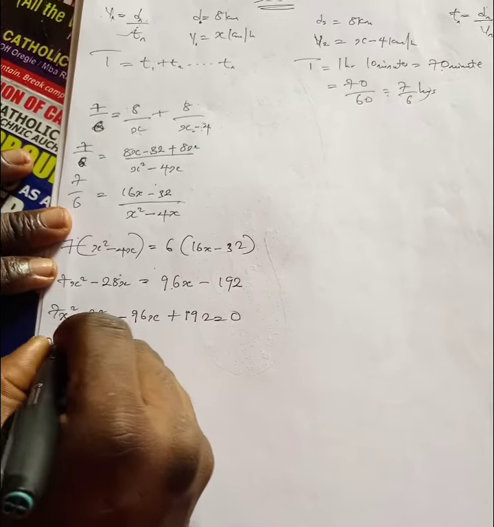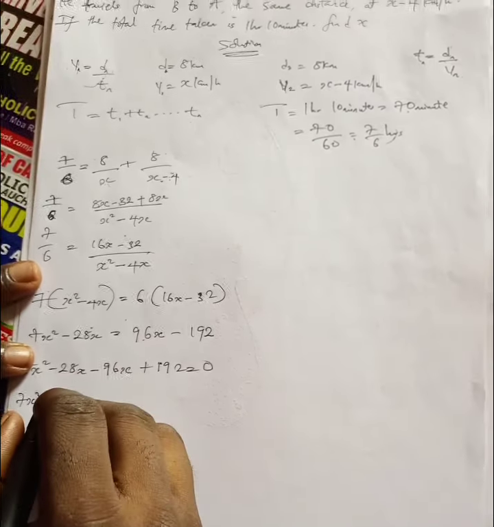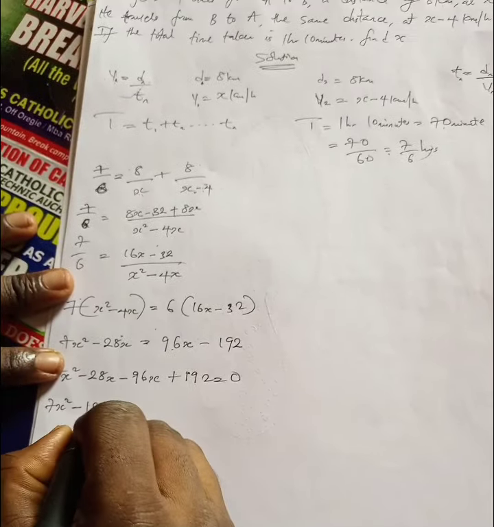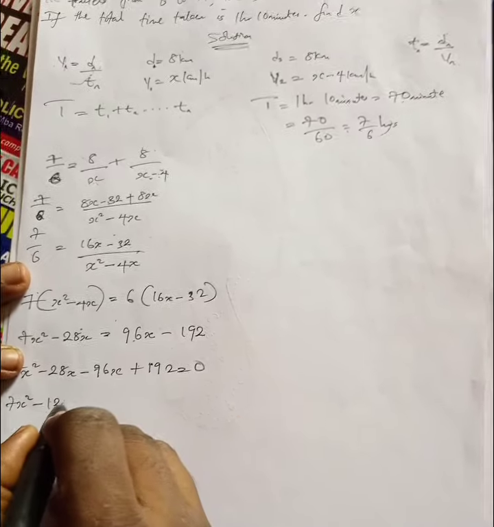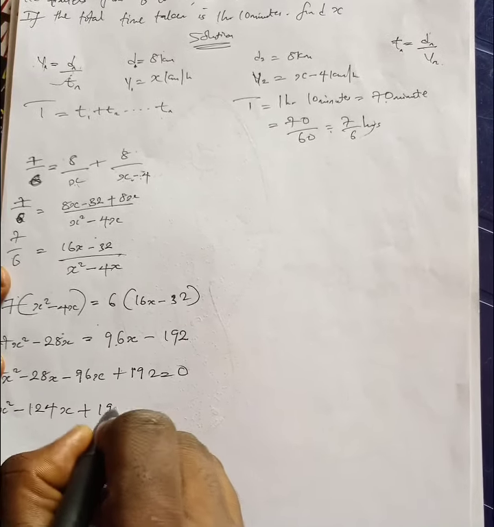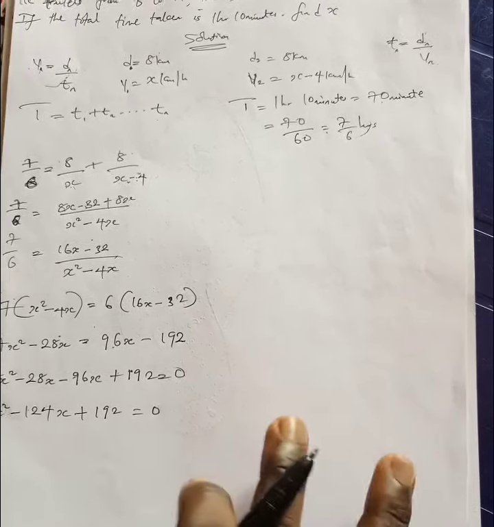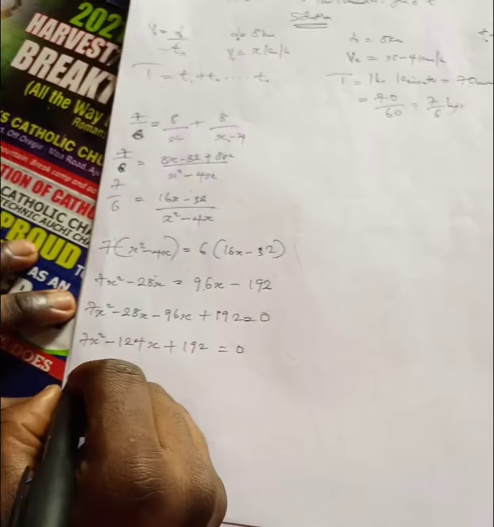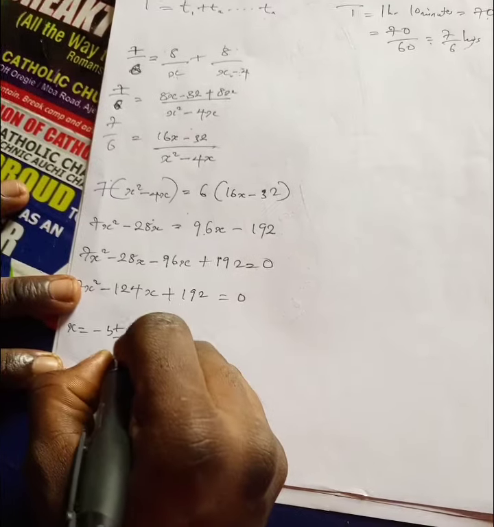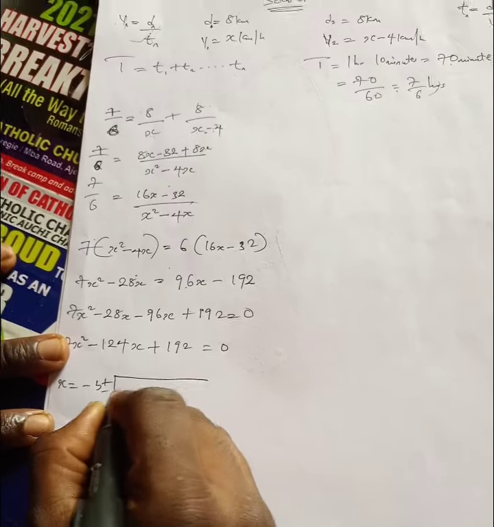So I'll have 7x squared minus 124x plus 192.